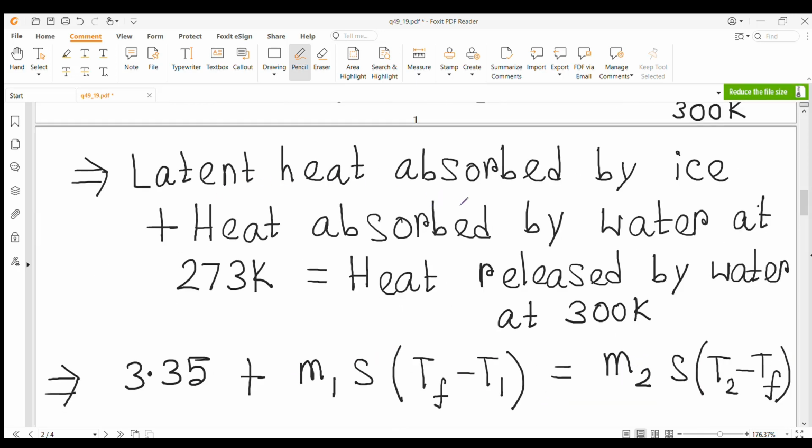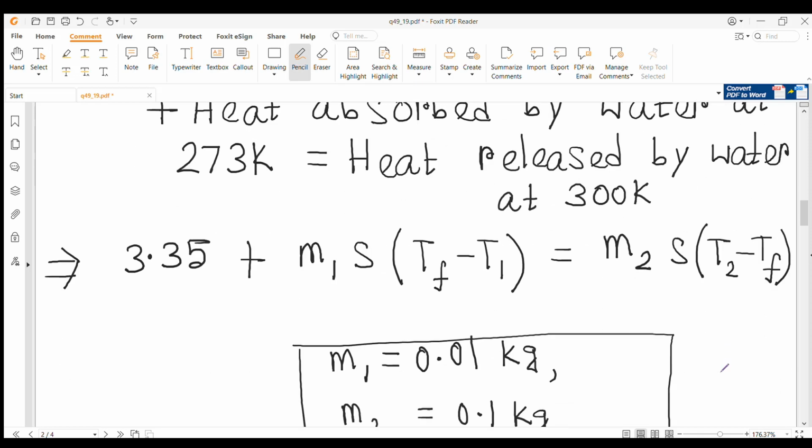The latent heat absorbed by ice is equal to 3.35 kilojoule as we have derived before, and the heat absorbed by water at 273 Kelvin equal to m1 into S into Tf minus T1, and the heat released by water at 300 Kelvin is equal to m2 into S into T2 minus Tf.